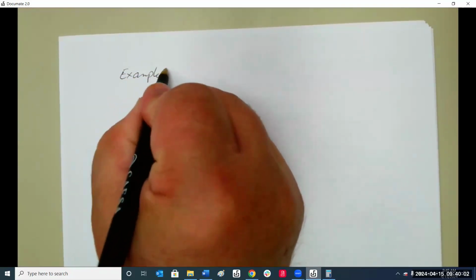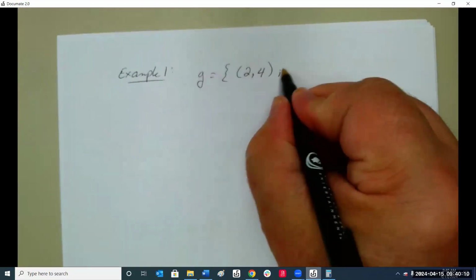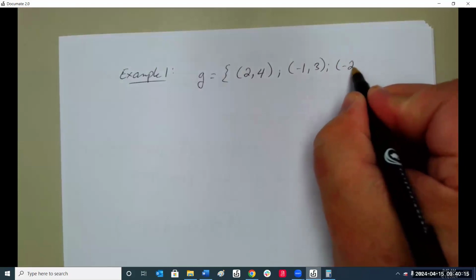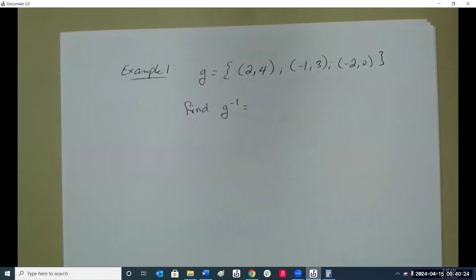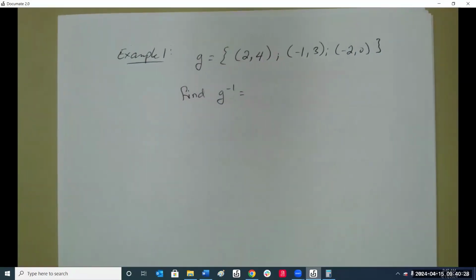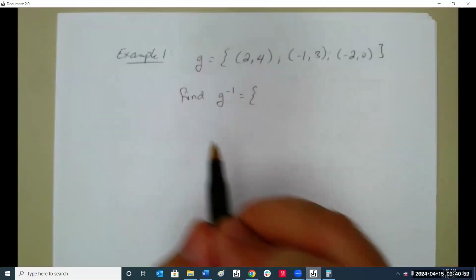So let's look at example 1. If G is equal to (2, 4), (-1, 3), (-2, 0), find the inverse of G. This is the inverse.